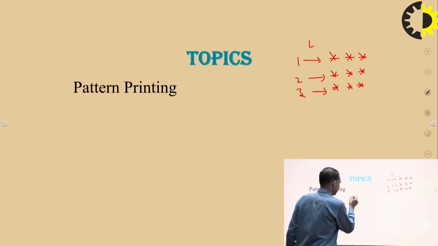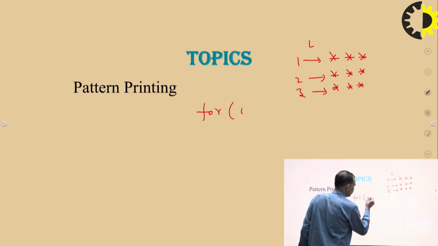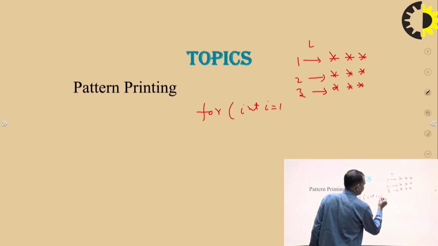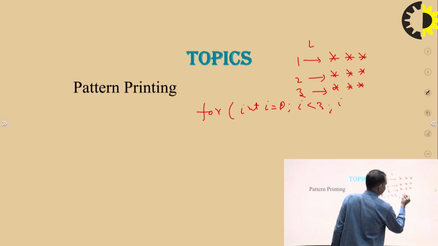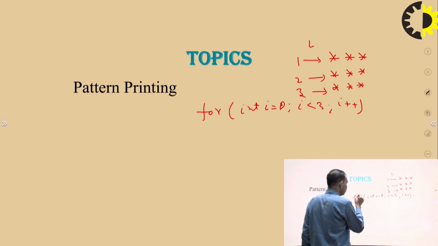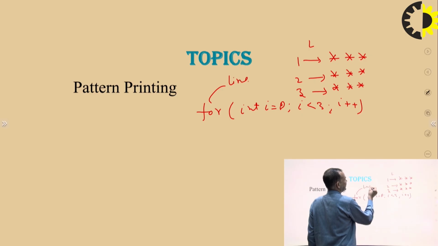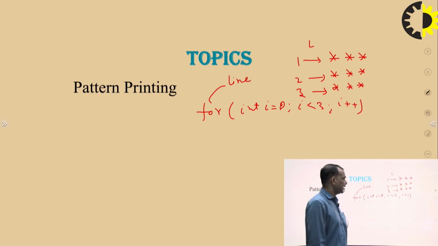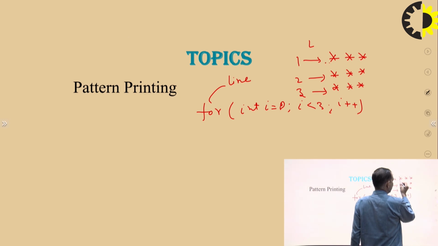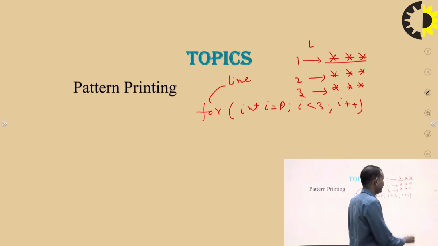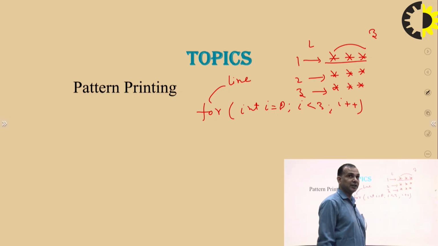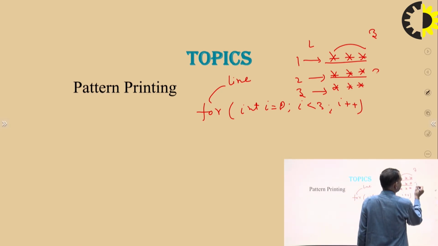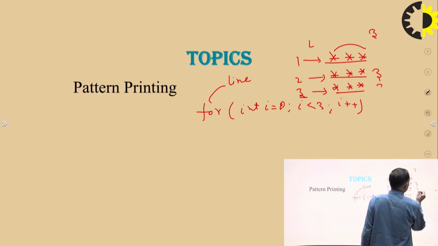So we create a first loop to print the lines: i starting from 0, i less than 3, and i plus plus. This loop is used to print the lines. And for the second one, in the first line how many stars do we print? In the first line we print 3 stars, in the second line again 3 stars, and in the third line 3 stars.